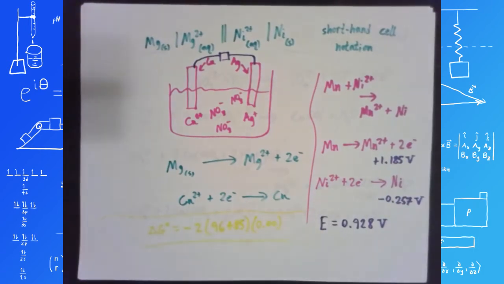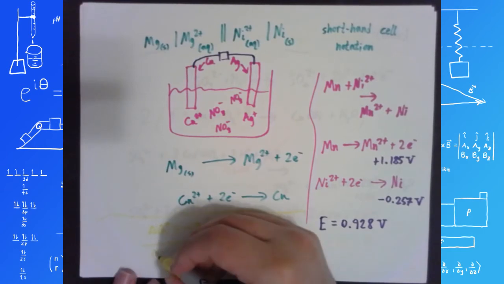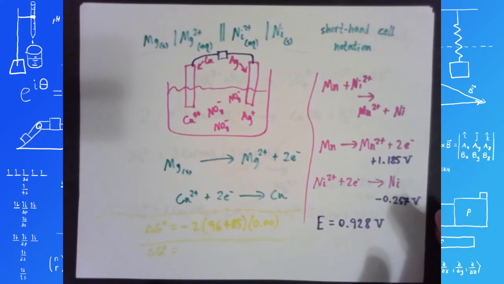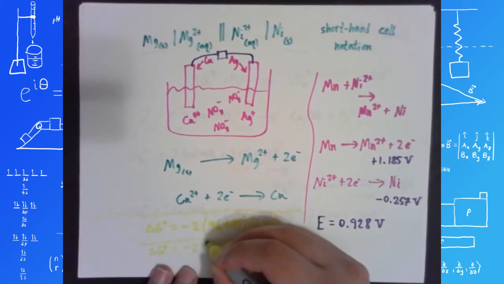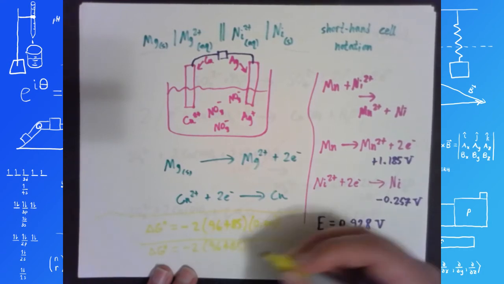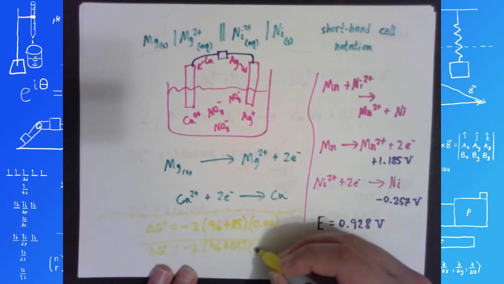For the next one, we've got positive 0.434 for our cell potential. So we actually have something here. N equals 2, so that's negative 2 times 96,485 times positive 0.434 volts.